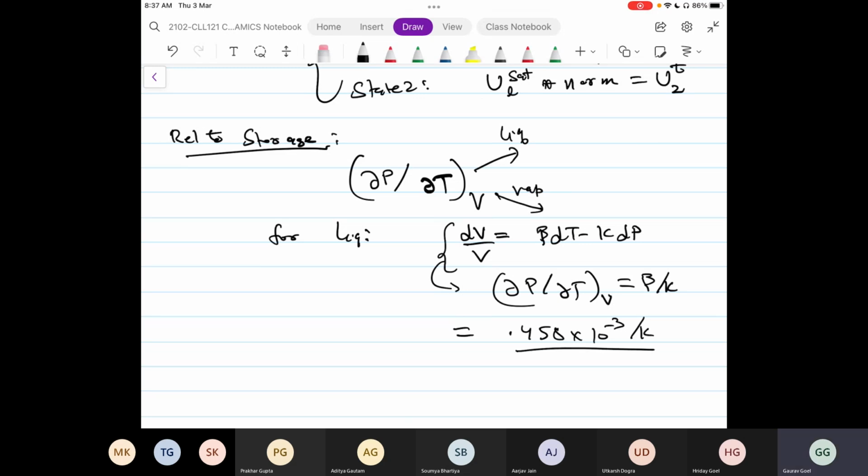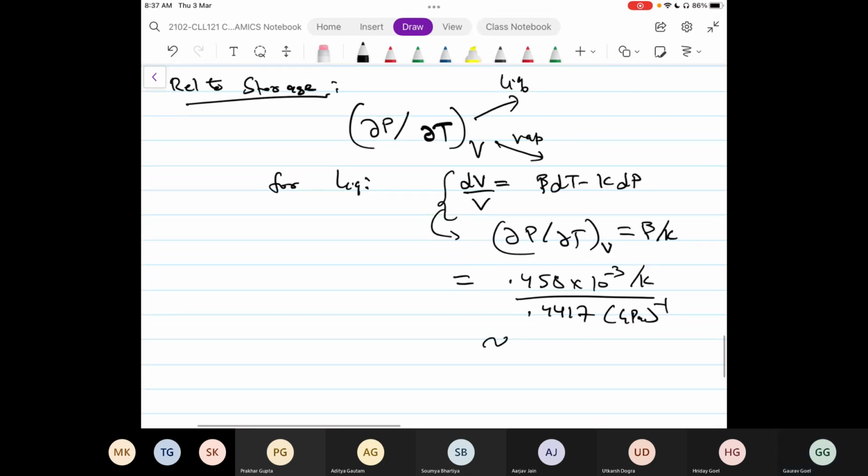Beta is in per Kelvin, kappa is in per bar basis. So this comes out to be 10 raised to 6 Pascal per degree change in temperature, which is basically 10 bars per degree change in temperature.